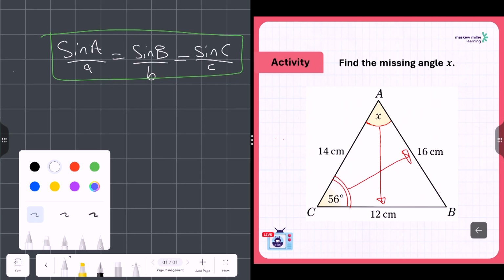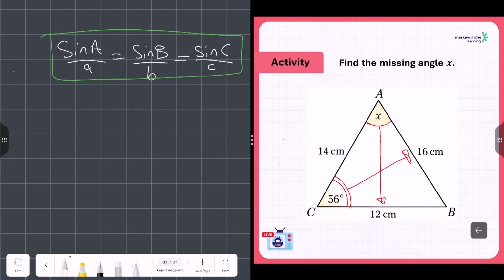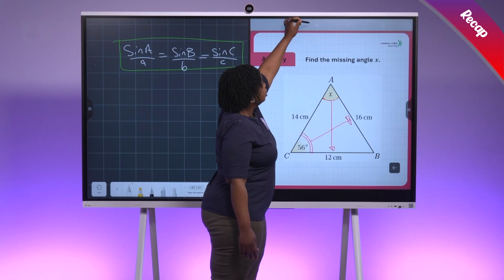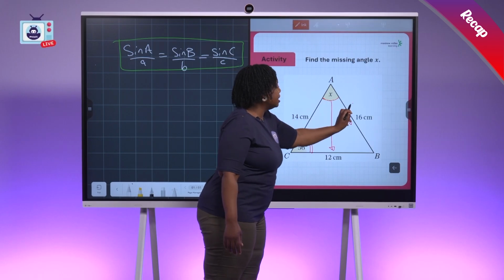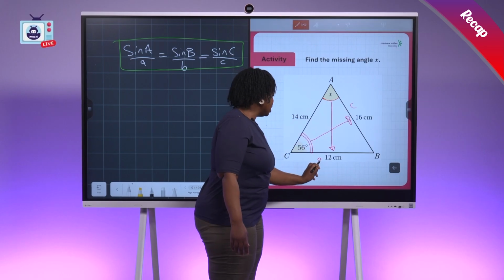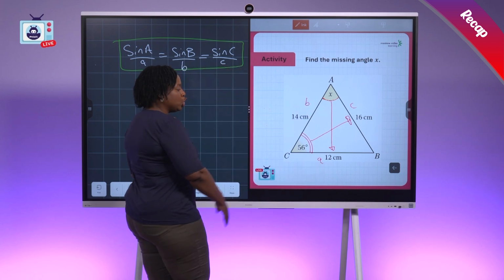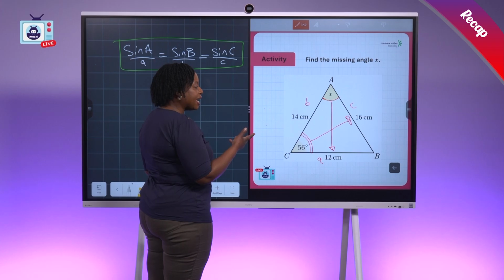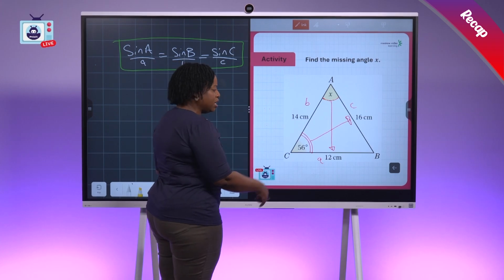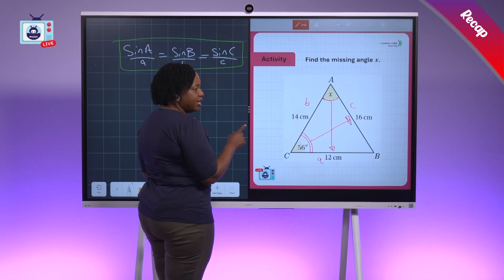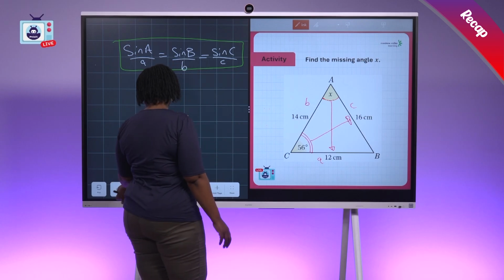So if I have to use the small letter, that will be my small letter c. This is my small letter c, this is my small letter a, and that's my small letter b. So that means I'm going to use side a with its angle and side c with its angle. Or I can just write AB and BC and AC. Anyhow, that is going to work for you.